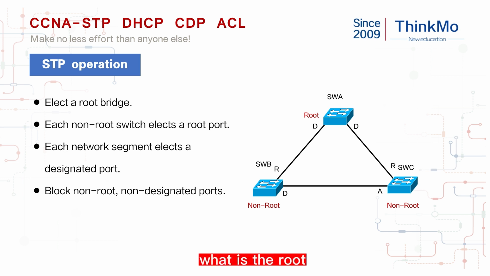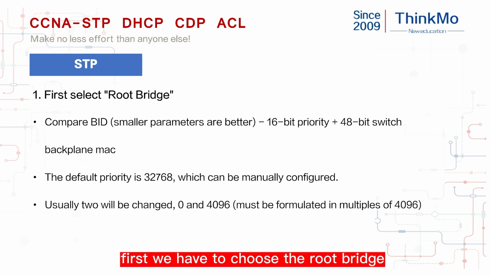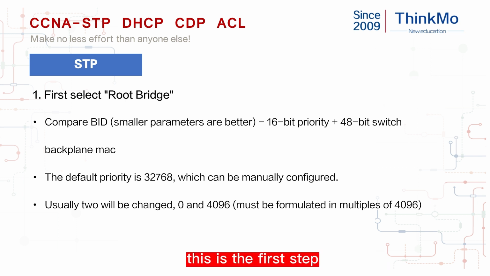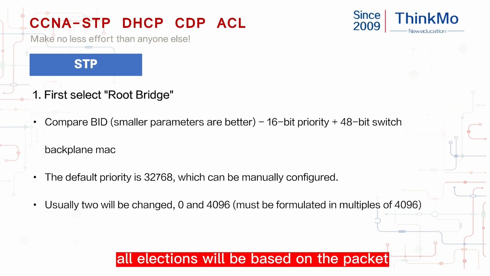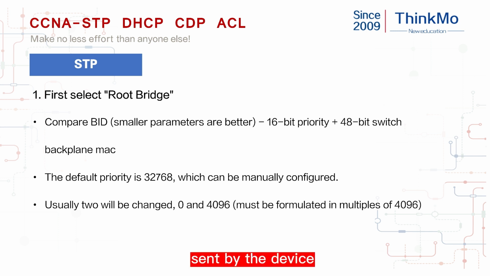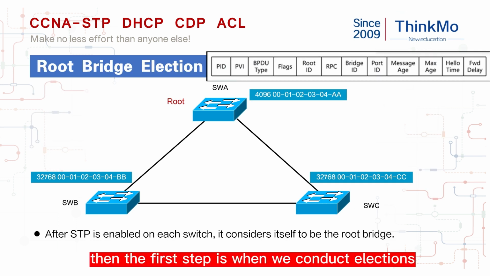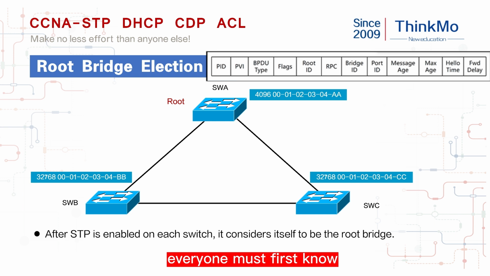What is the root? What is a designated port? Let's talk slowly. First we have to choose the root bridge. This is the first step. So how to choose a root bridge? I just said, all elections will be based on the packets sent by the device. Then the first step is when we conduct elections. Everyone must first know.